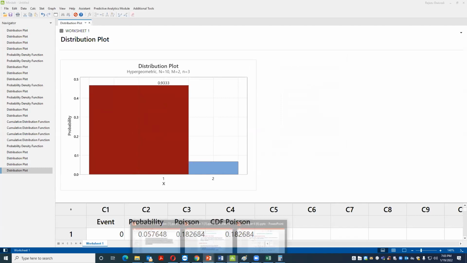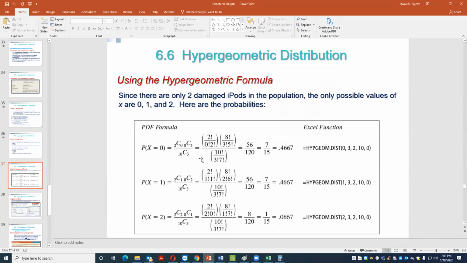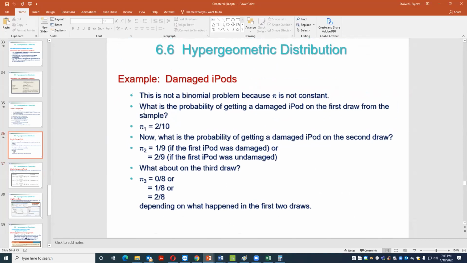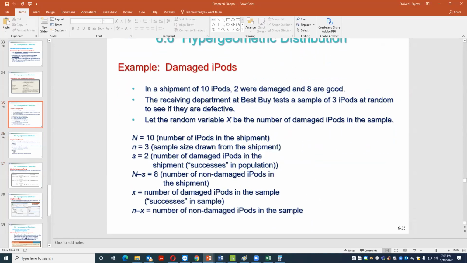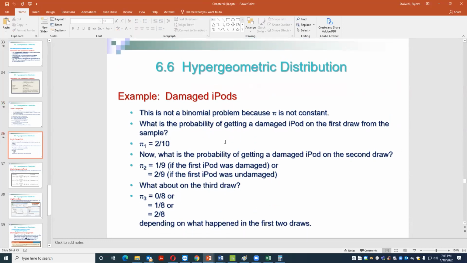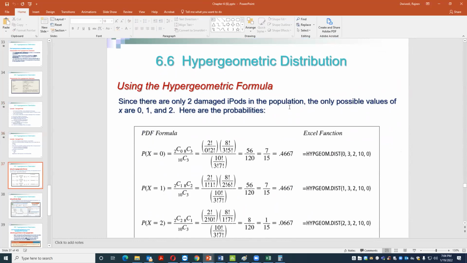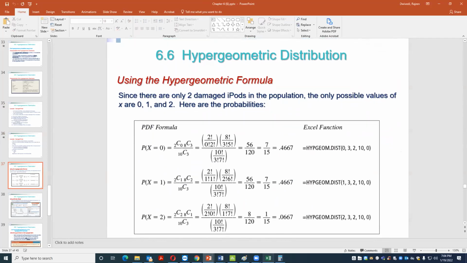Oh, I think I made some mistake. Just a minute. Sample is 3, S equal to 2. 10, 3, 2. This is correct. So 0, 1, 2 here.